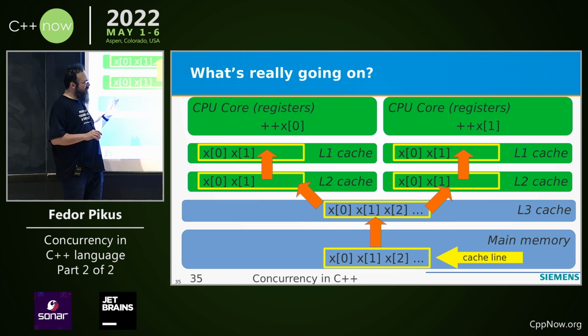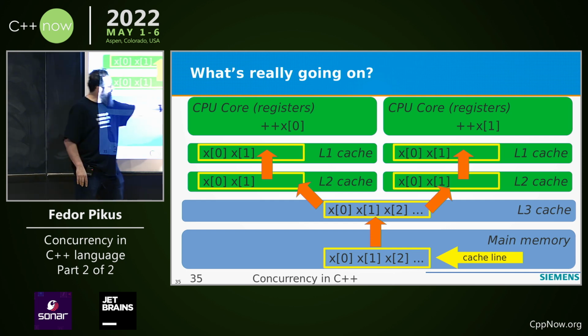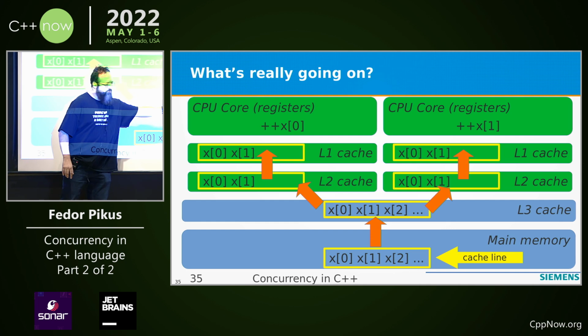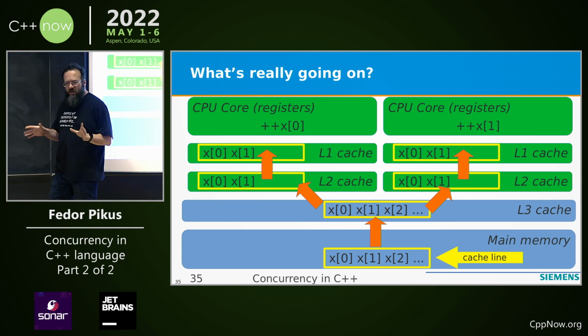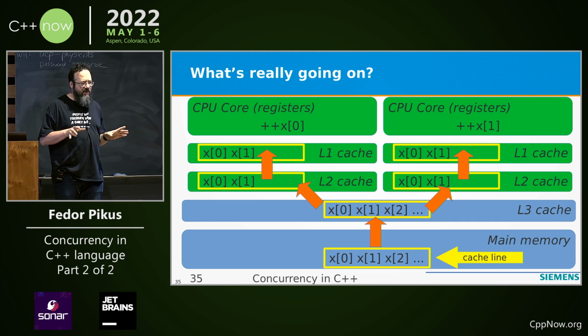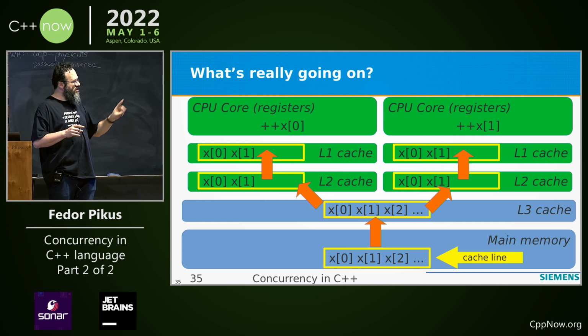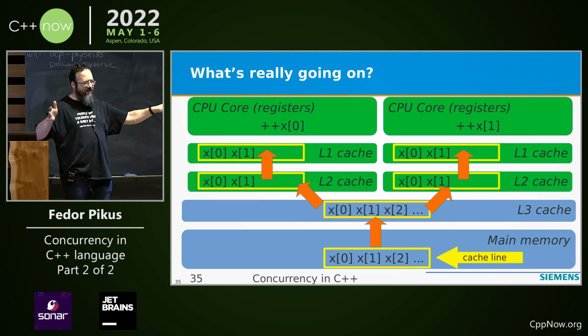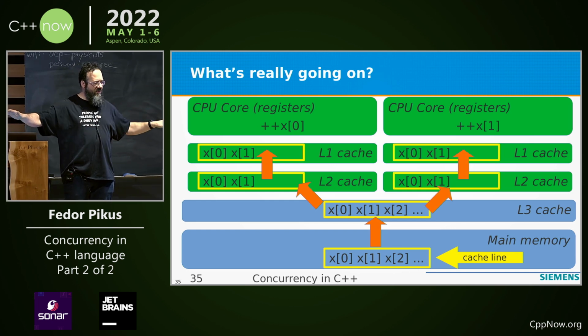If you lock the entire cache line, your thread is the only one that has access. Everybody else does not get access to that cache line, period. So that was the problem with writing into elements 0, 1, 2, 3. Even though they are not at the same memory location, they are at the same cache line. Which means when you're writing into element 0, you're actually locking elements 1 and 2 and up to 8 from being accessed by any other thread.